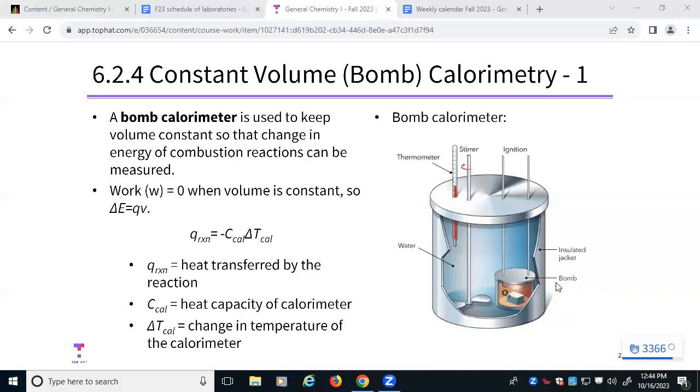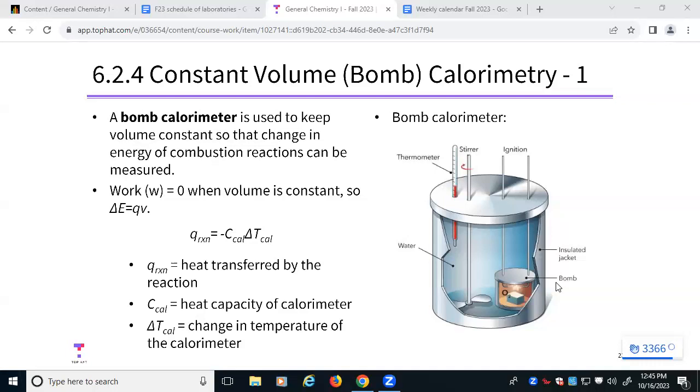In a bomb calorimeter, we have a two-chamber system. We have an exterior chamber and we have an interior chamber. The interior chamber is what actually houses the chemical reaction. Usually with bomb calorimetry, that chemical reaction is some kind of combustion reaction.